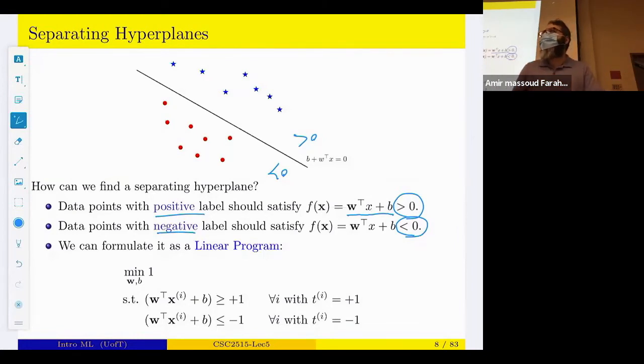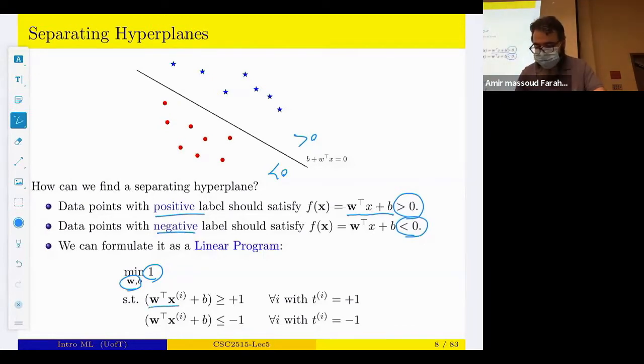We can write this intuition, these two cases, in the form of a linear program. It's a feasibility program, which basically says: find W and B that minimizes 1. That 1 doesn't matter, it's just a constant. So this is a linear program whose objective is constant, but which has a set of linear constraints. What are the linear constraints? Almost exactly what we had before.